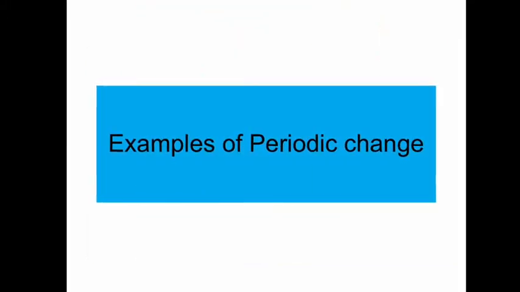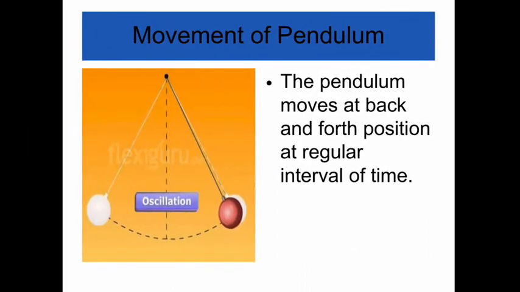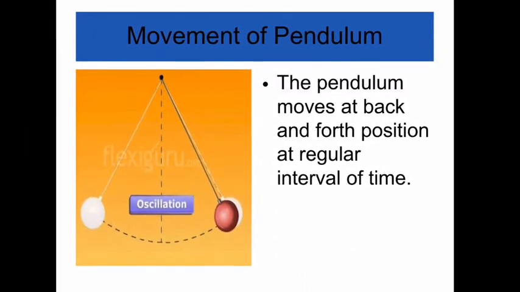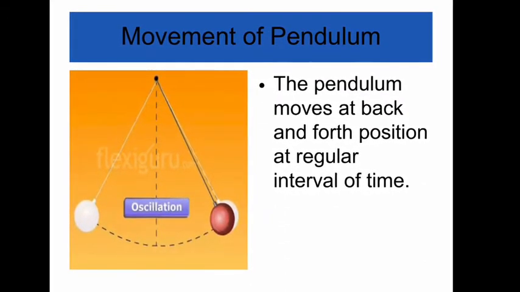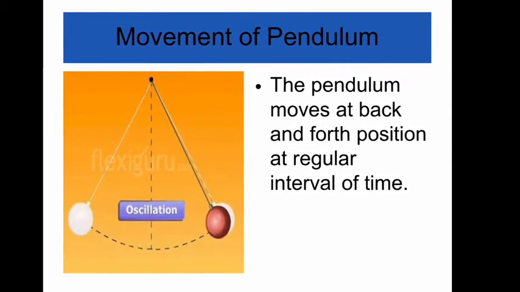Examples of periodic changes. First example is the movement of the pendulum. The pendulum moves back and forth and reaches its original position after a regular interval of time.